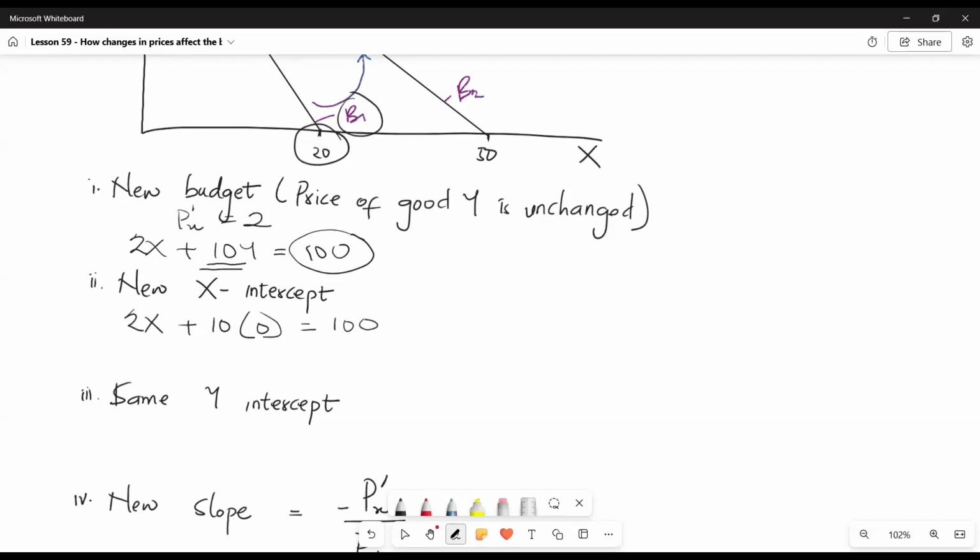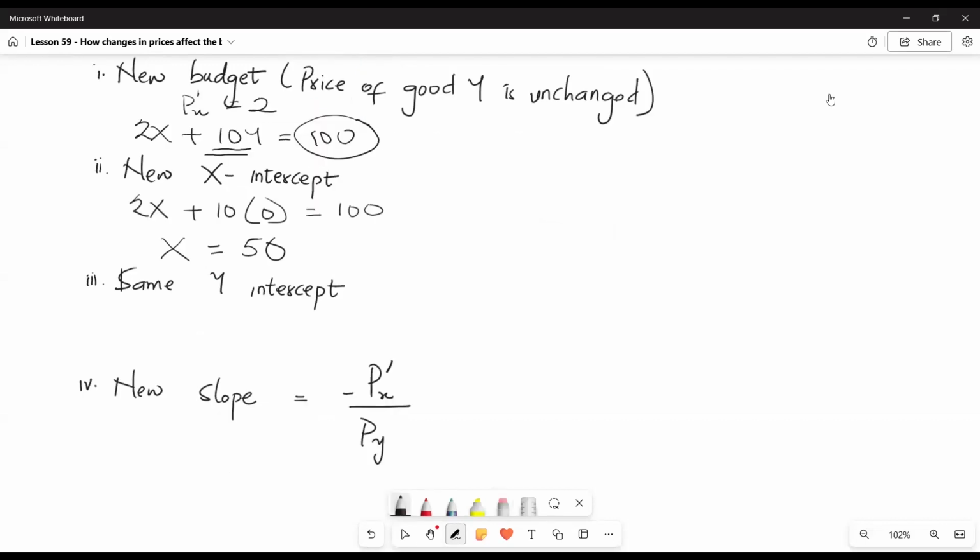So with this information, we have our x-intercept as X being equal to 50. And for Y, the y-intercept is if Ella doesn't buy anything of good X and spends all her income buying Y, this is going to be Y is equal to 10. Now you can see that the y-intercept has not changed because the price of Y has not changed.